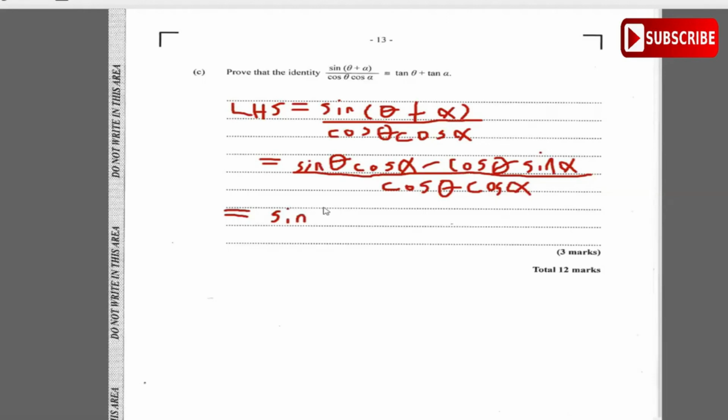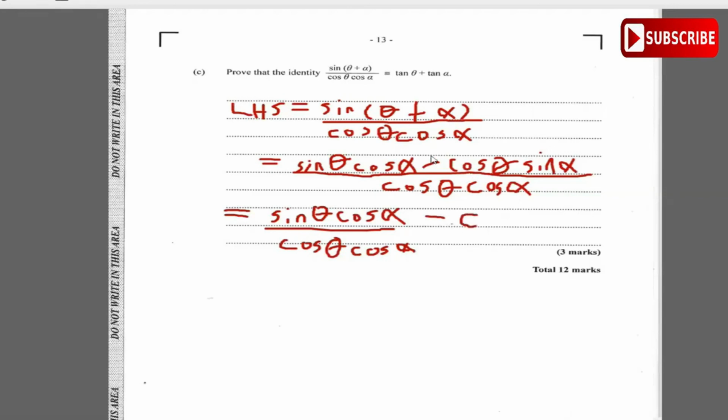Separating them as sine theta cos alpha over cos theta cos alpha. All I'm doing is separating it into two separate fractions. So this part as one fraction, minus this part as another fraction.